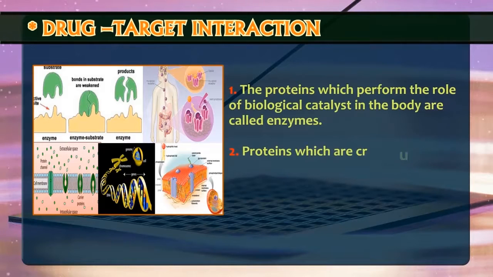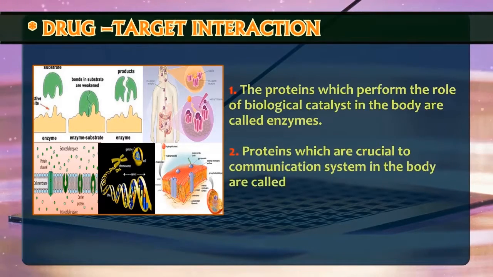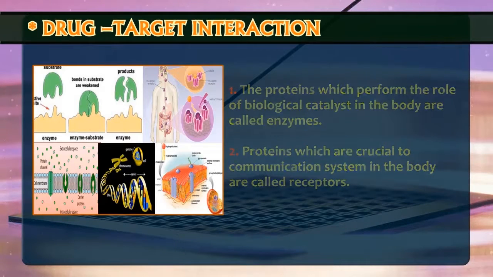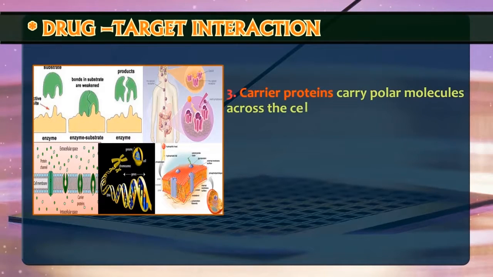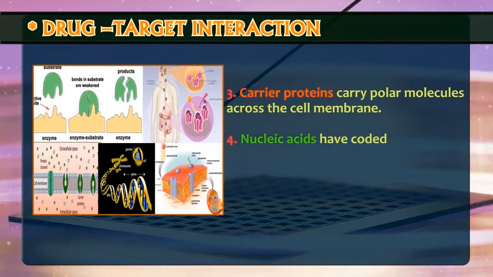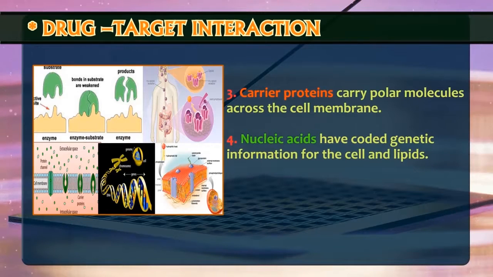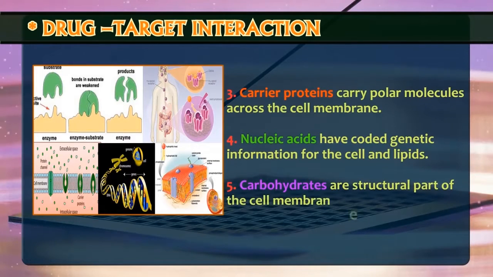Proteins which are crucial to the communication system in the body are called receptors. 3. Carrier proteins carry polar molecules across the cell membrane. 4. Nucleic acids have coded genetic information for the cell. And lipids and 5. carbohydrates are a structural part of the cell membrane.